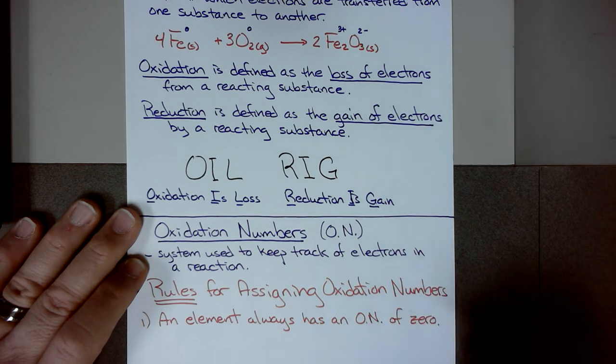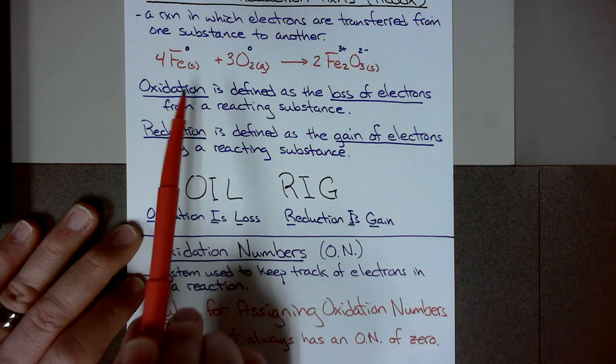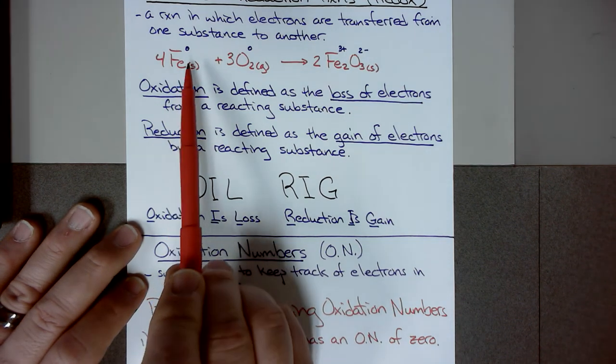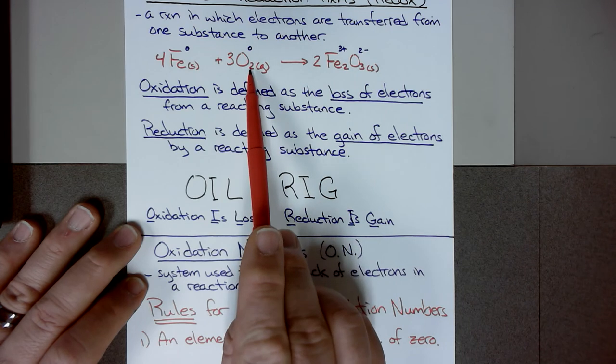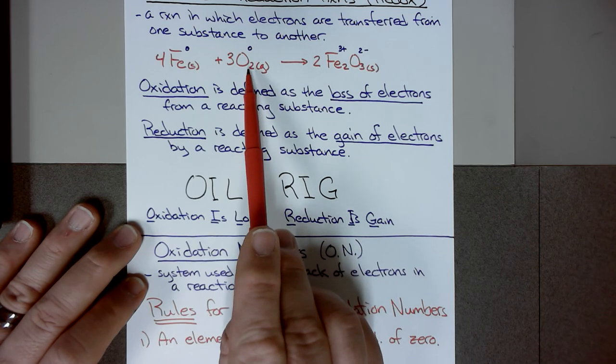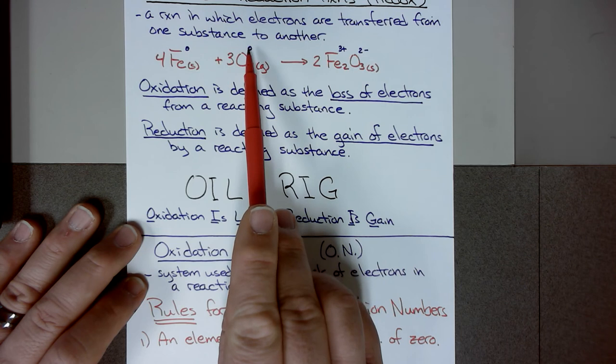So let's review up here. Remember, iron is an element, so it has a 0 oxidation number. Oxygen O2 is also an element, and its oxidation number is 0.